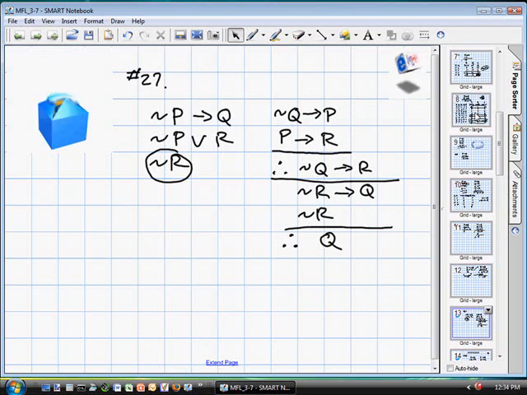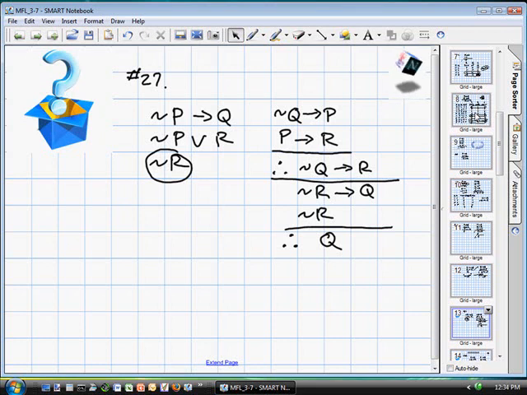I took the contrapositive of that. If not Q, then P. And then, where did I get this one from? This is that hint. That hint said if you ever have a not something ORed with something, it's if that, then the second. Now look at the chain.